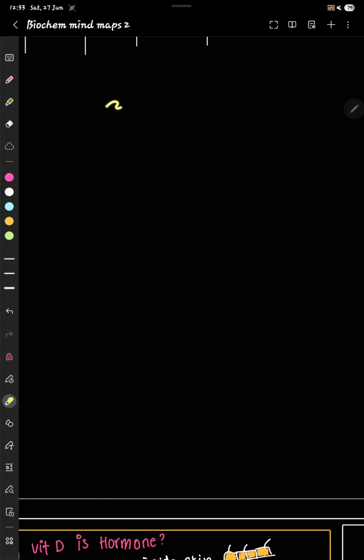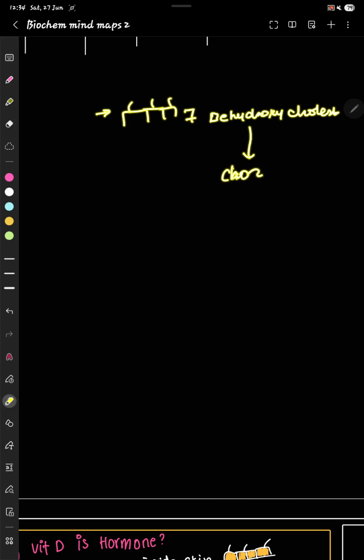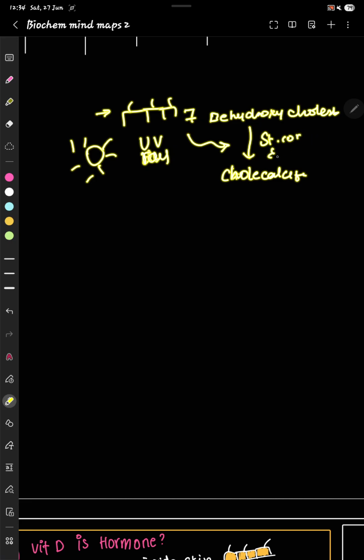So what was the synthesis? It started with the stratum corneum of the epidermis, with 7-dehydrocholesterol. Cholesterol is converted into cholecalciferol by UV rays from the sun in the stratum corneum of the epidermis of skin.